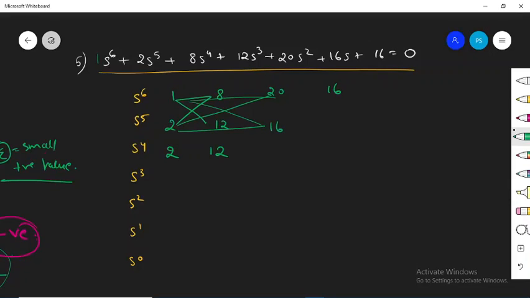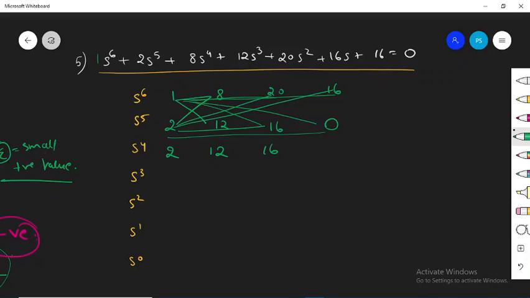Third term: 2 into 16 minus 1 into, no term is given here, so it will be 0, so minus 1 into 0, divided by 2. So this is going to be 16. So the elements in this third row are coming out to be 2, 12 and 16.